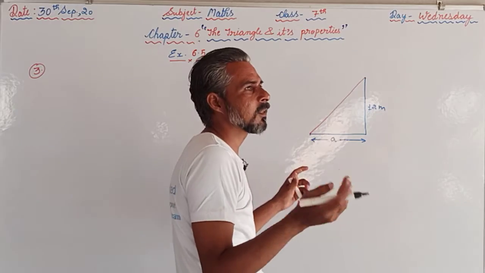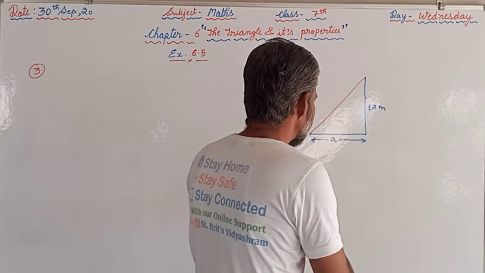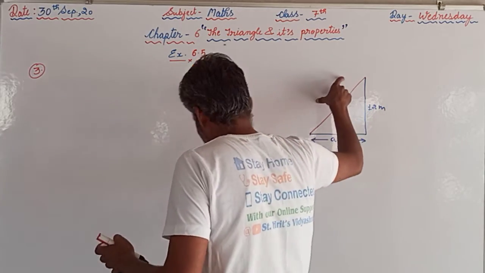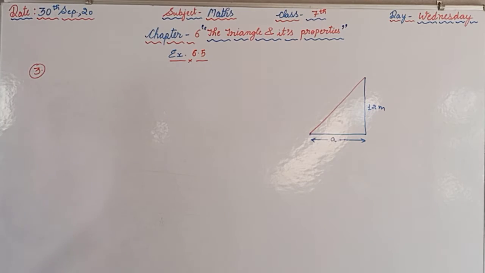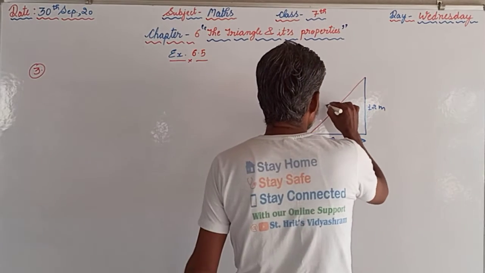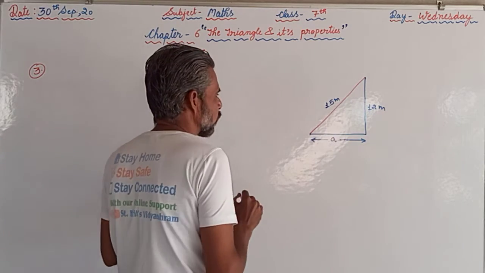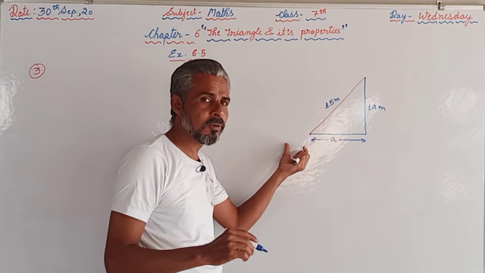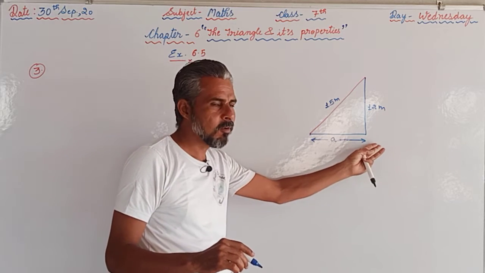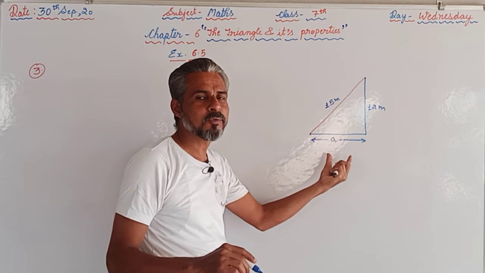The length of the ladder is 15 meters. We are supposed to find the distance of the foot of the ladder from the wall, that is A.